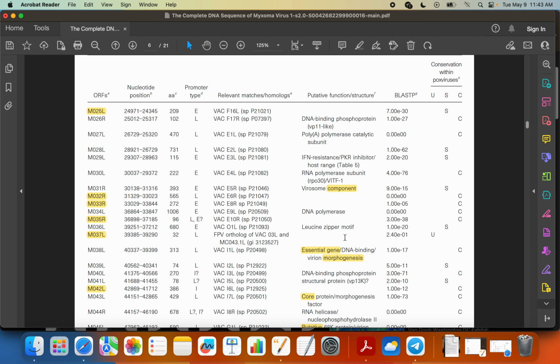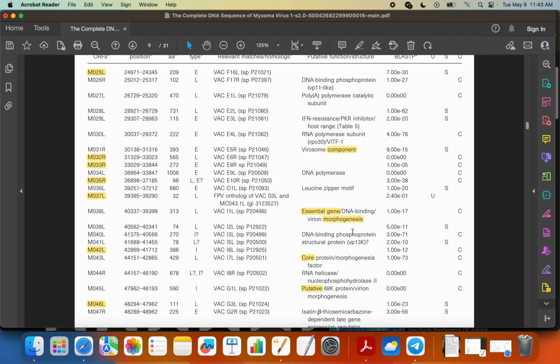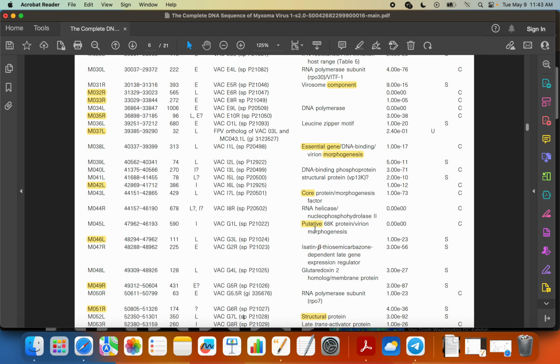Like if you have a rear view mirror, it has to say the left hand and the right hand, and the specification for that mirror has to be perfect for that model car, the way they designed it. But in genetics or virology, they can say, well, it's an essential gene, right? It's a core protein. What does that mean?